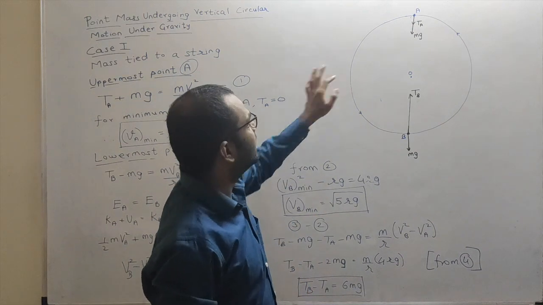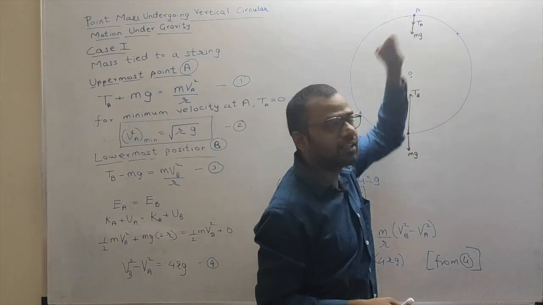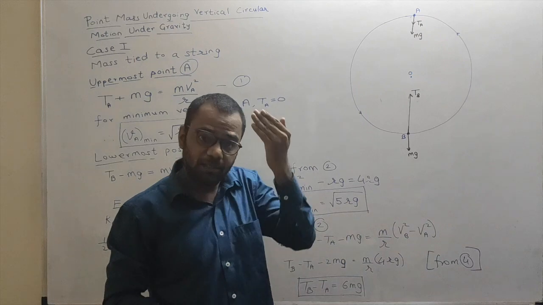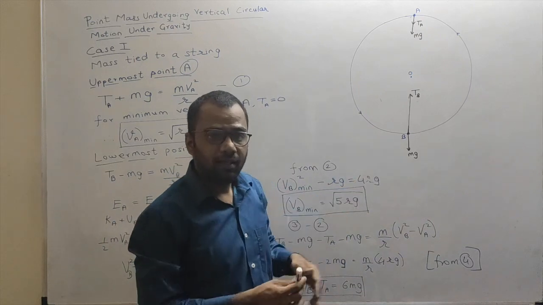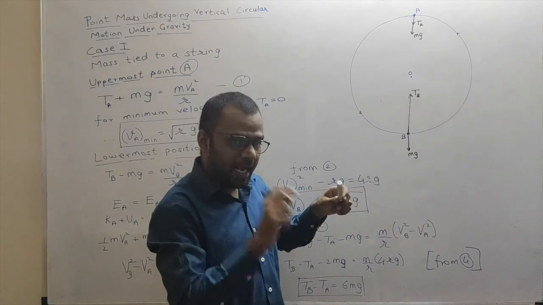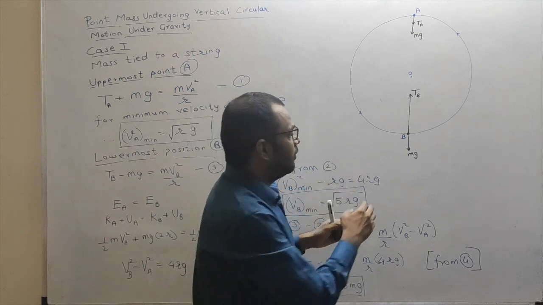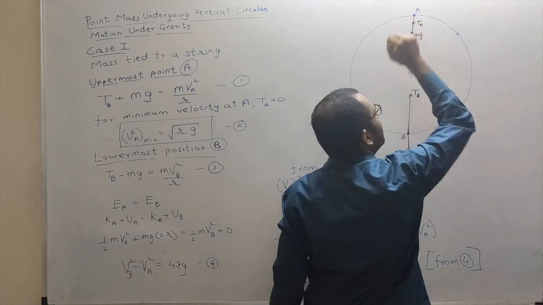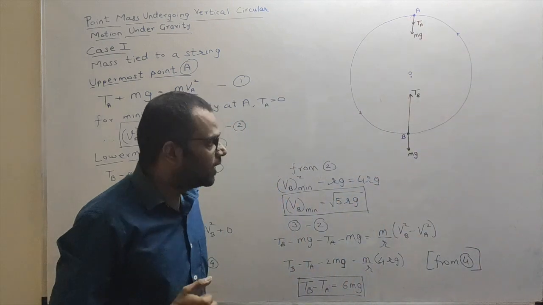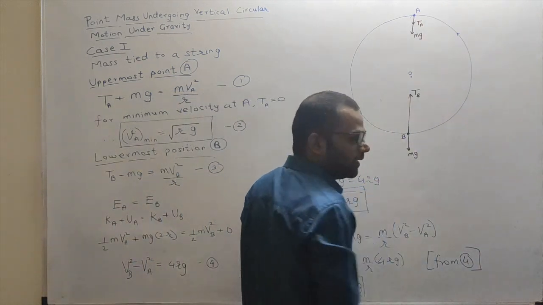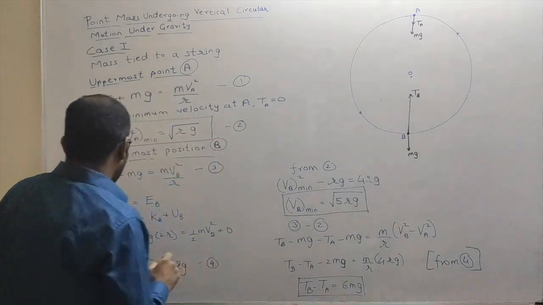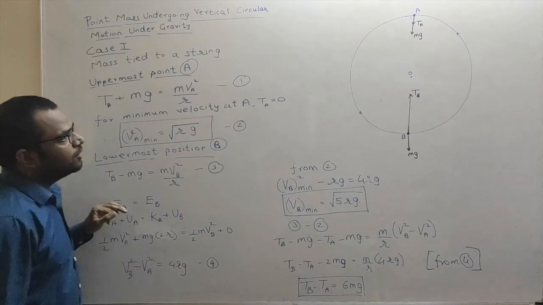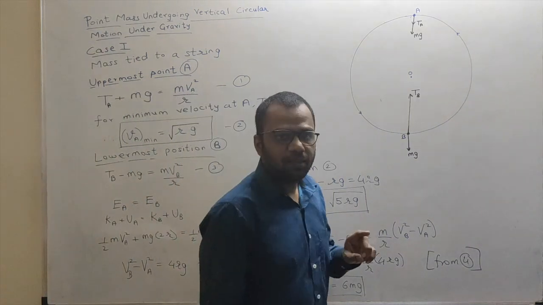Now we have already seen that the minimum velocity over here should be square root of Rg, and hence there must be some minimum velocity at point B. If I give that velocity to the bob, the velocity will go on decreasing and eventually it will become square root of Rg over here. So let us find out what should be the minimum velocity at point B. Okay, now for that we will make use of conservation of energy.